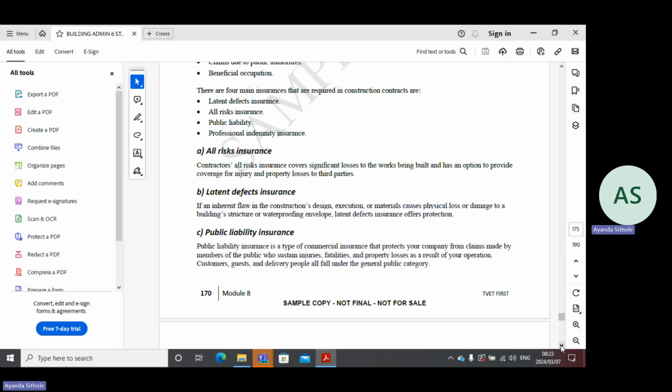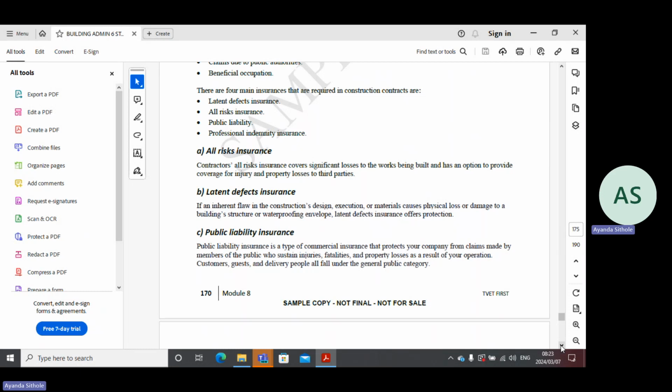Latent defect insurance: if an inherent flaw in the construction design, execution, or material causes physical loss or damage to the building structure or waterproofing envelope, latent defect insurance offers protection.